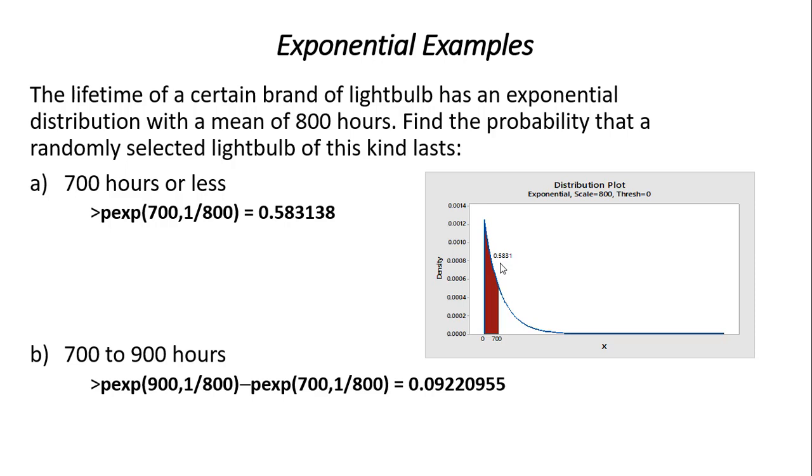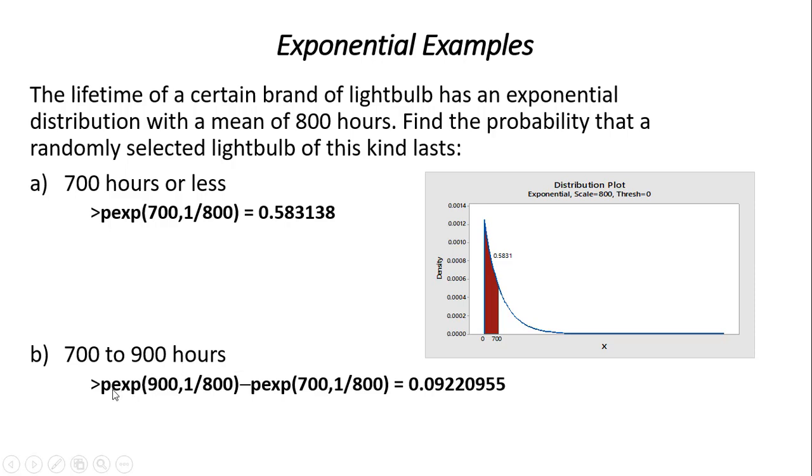As a second example with this same random variable, let's say we wanted the probability that the light bulb lasts between 700 and 900 hours. So here I want the probability X is between 700 and 900.